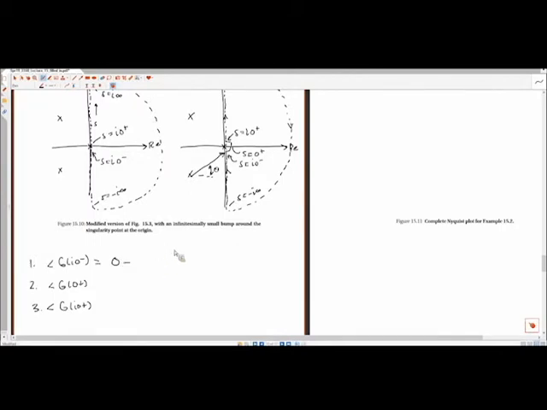If there were, this would not be 0. This would be some other number, but in this case it's not. So the phase contribution would be 0 minus theta. This bump is infinitesimally large, so the phase angle coming from this pole is going to be negative theta. And then if I look at the phase angle from the pole at the origin to S = i0 to the left, that's a vector going straight down. So this is a phase angle of negative 90 degrees.